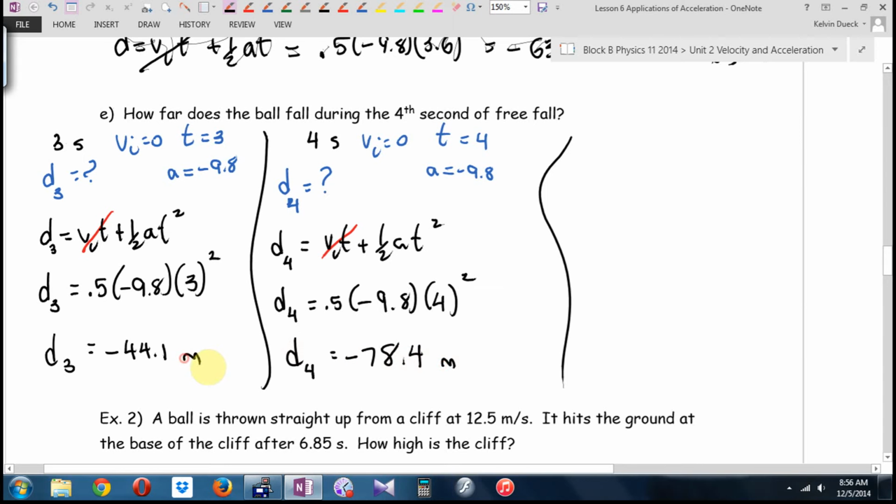Meters and meters. Now, this is not what the question asked. Riley, what did the question ask? How far, what? So the 4th second is between, hopefully I've convinced you, between 3 and 4, because we start at 0. Okay. Don't write this down. Here's my argument, okay? So after 3 seconds, it fell 44.1 negative because it's going down. After 4 seconds, it fell negative 78.4.